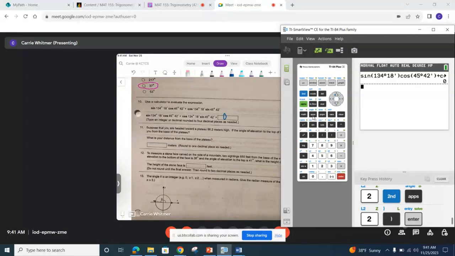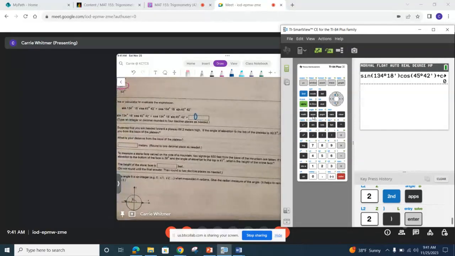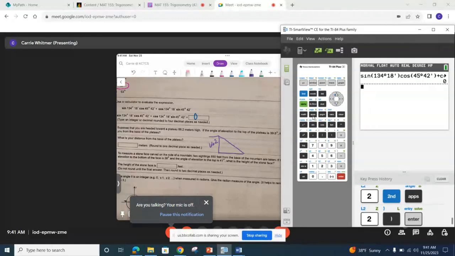Okay, number 11. So we have a plateau that is 66.2 meters. The angle of elevation to the top is 39.5 degrees, and we want to know how far we are from the base of the plateau.